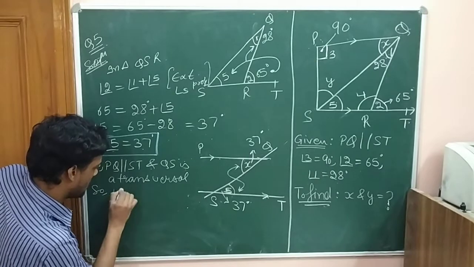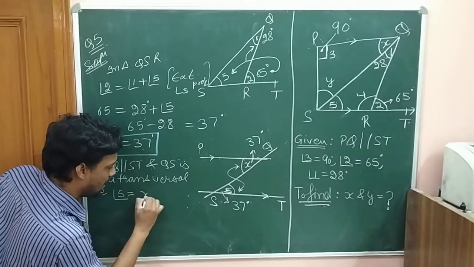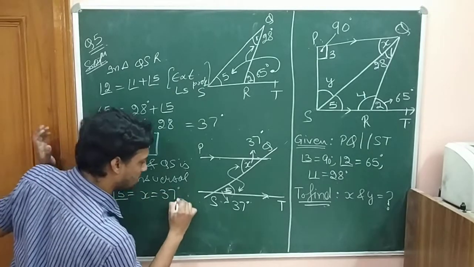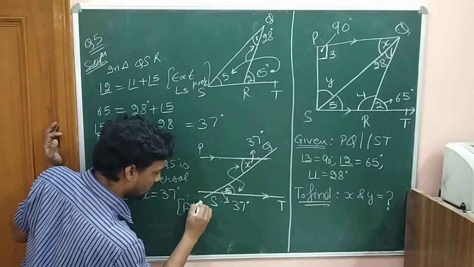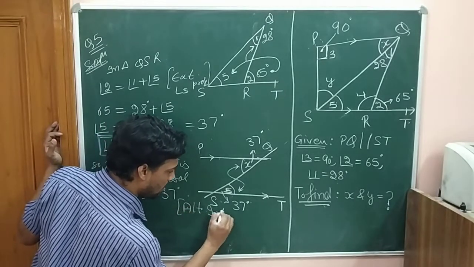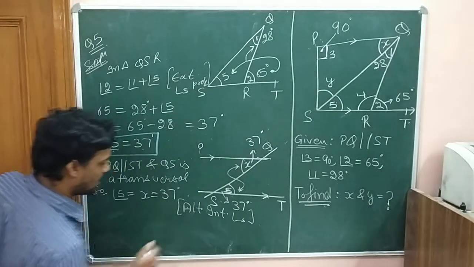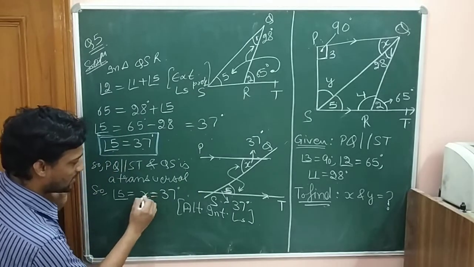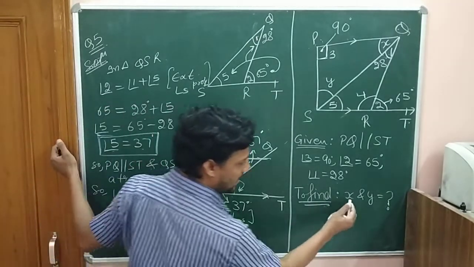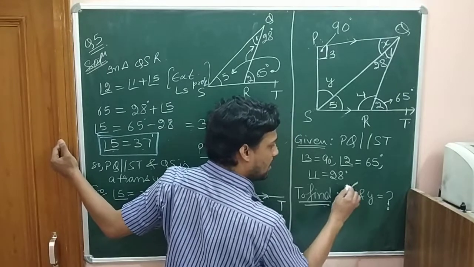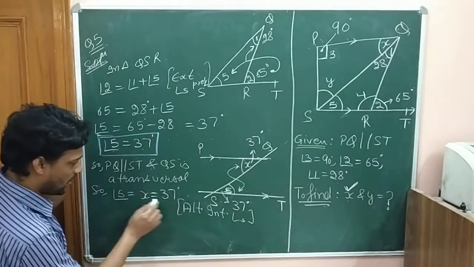So angle 5 equals angle x equals 37 degree. Reason: alternate interior angles. Therefore angle x is equal to 37. We have to find two angles, x and y. We have already found angle x.